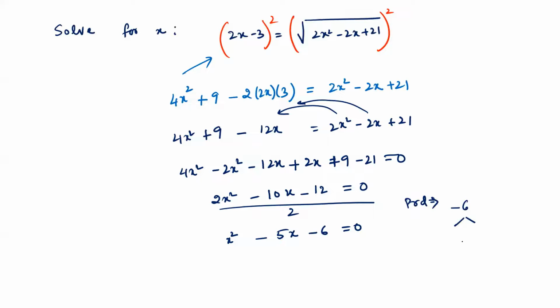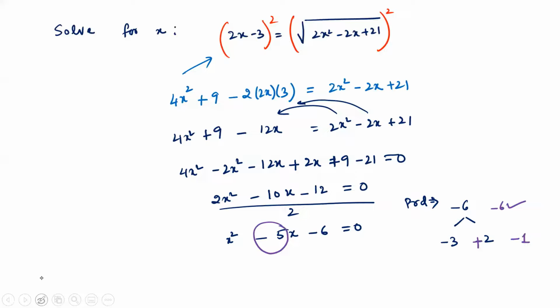Ma'am, 3 and 2. Minus 3 minus 2, when I multiply, I get plus 6, which is not satisfying. Ma'am, then we can do minus 3 plus 2. If I do that, we get minus 6, that is okay. But we are getting minus 1, which is not suiting the middle term.